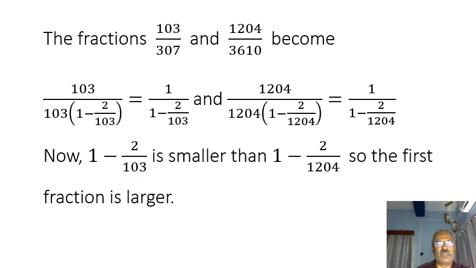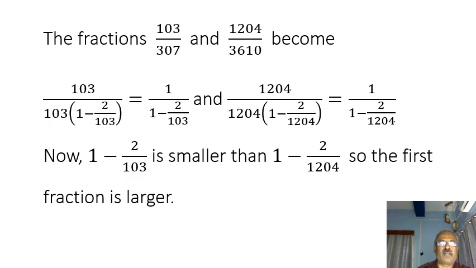103 over 103 multiplied by in bracket 1 minus 2 over 103, which equals 1 over 1 minus 2 upon 103, and 1204 upon 1204 times in bracket 1 minus 2 over 1204, which is equal to 1 over 1 minus 2 upon 1204.